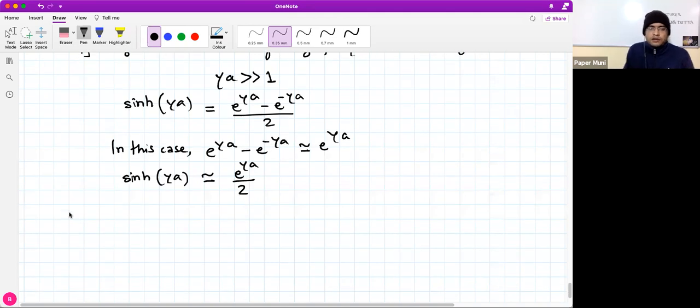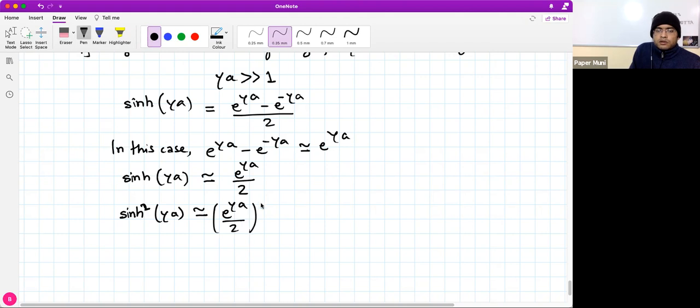Similarly, we can have sine hyperbolic square gamma a, which will be e to power gamma a by 2 whole square, giving e to power 2 gamma a by 4.